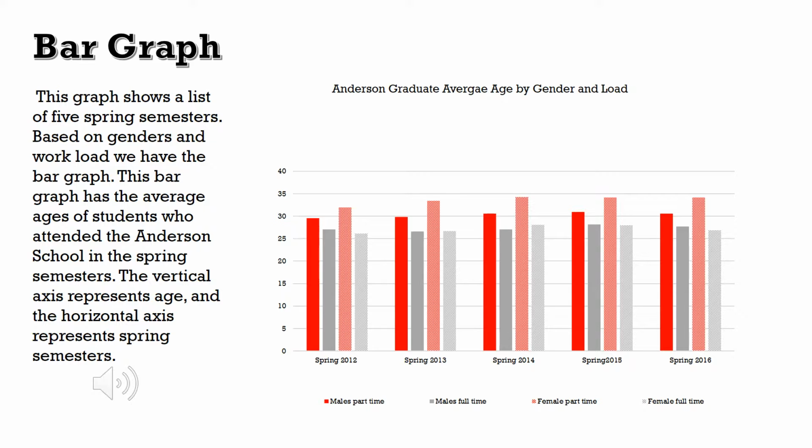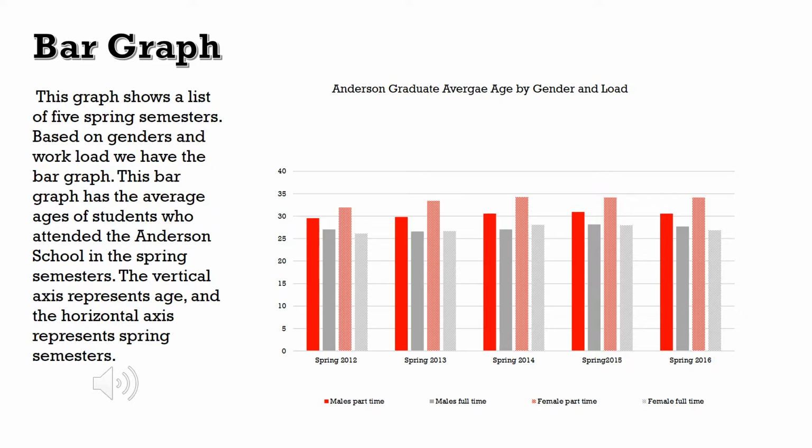On the vertical axis, I have ages of females and males ranging from 0 to 40 years old. And then I have on the horizontal axis, spring semesters. I have spring 2012, spring 2013, spring 2014, 2015, and spring 2016.